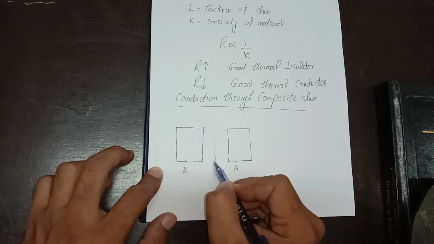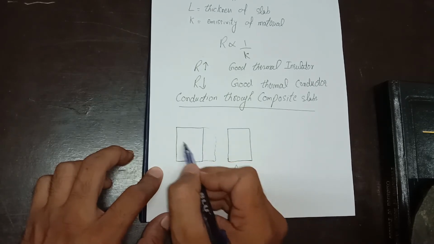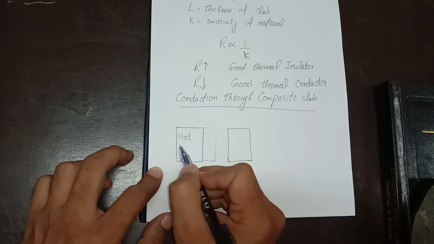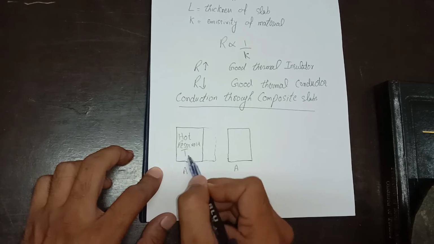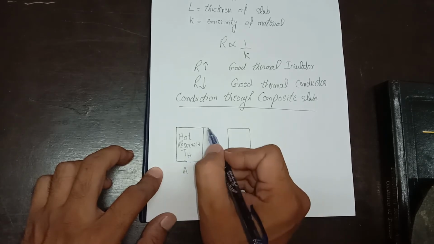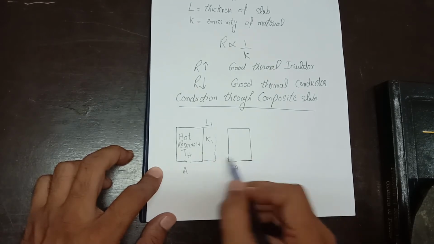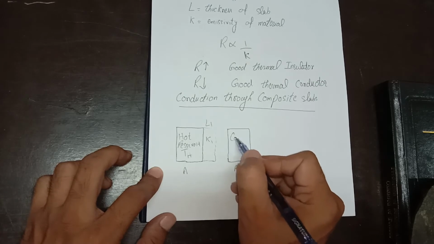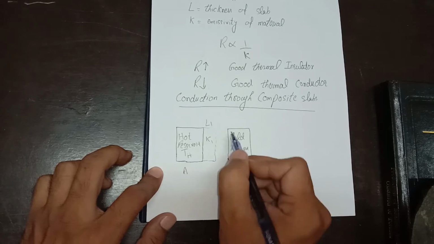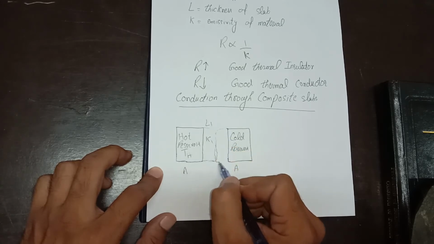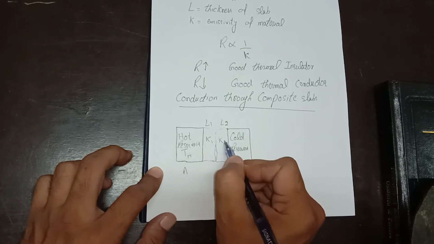Suppose this slab, that is a hot reservoir which is at TH temperature, has thickness L1 and emissivity K1, and this cold reservoir has thickness L2 and emissivity K2.